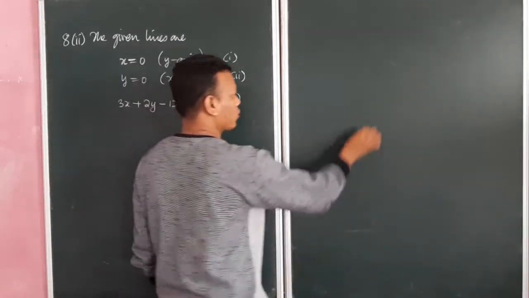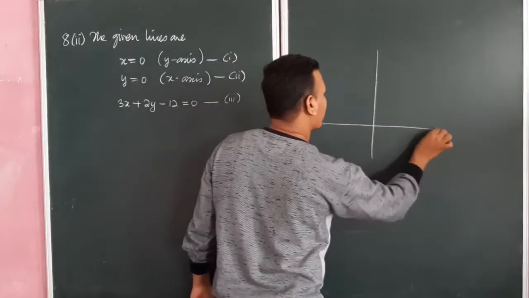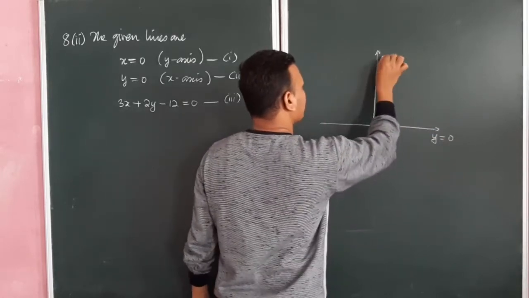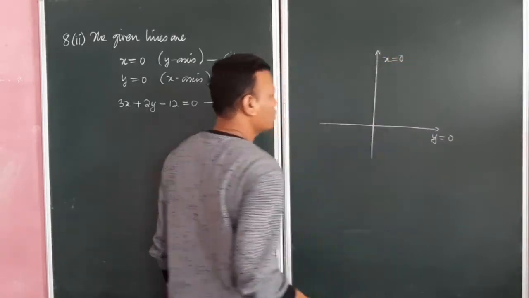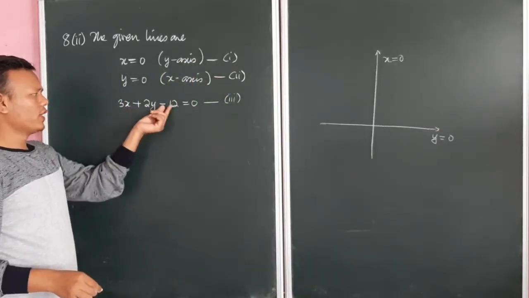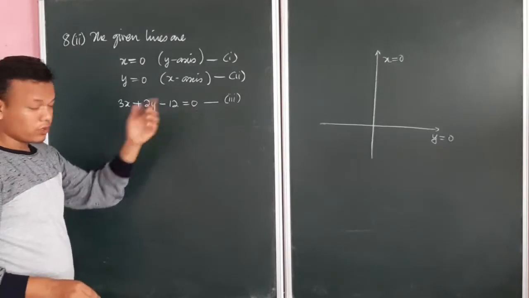Let me draw the x-axis and y-axis. This is my x-axis, that is y equals 0, and this is my y-axis, that is x equals 0. The next line is 3x plus 2y minus 12 equals 0.